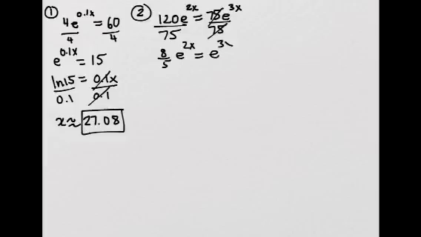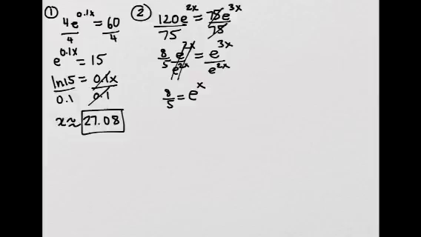The next thing I'm going to do is divide both sides by e to the 2x. So that cancels here. So I've got 8/5 equals, now when the bases are the same, you subtract the exponent, so 3x minus 2x is e to the x.